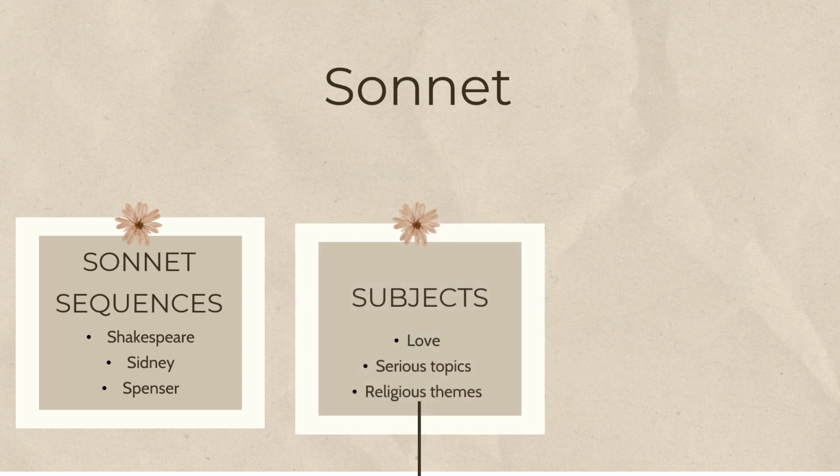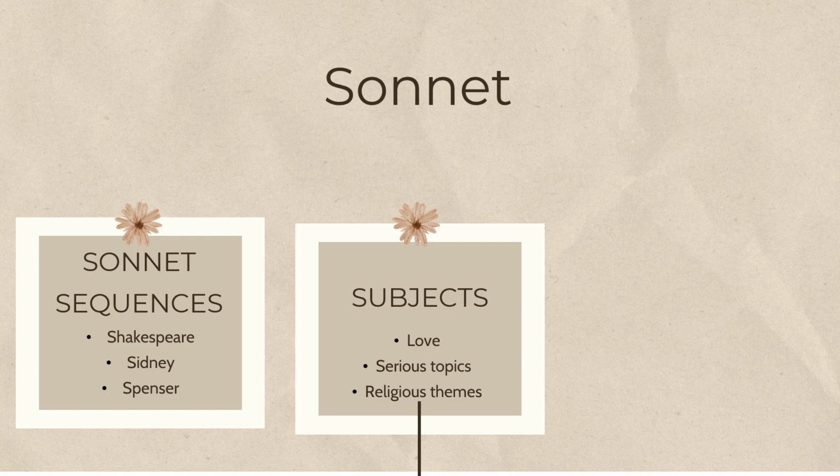And coming to the subjects of the sonnets, we have already discussed how Sir Thomas Wyatt used to write the sonnets talking about the hopes and pains of a male lover. So love would be a theme. And if we look at Shakespeare, in most of his poems, love is a major theme.